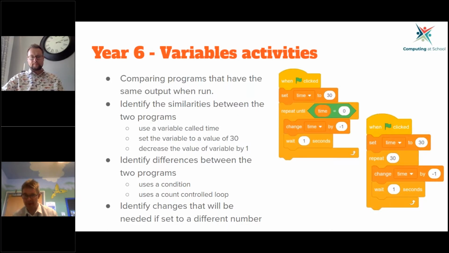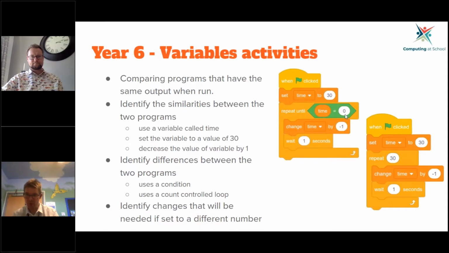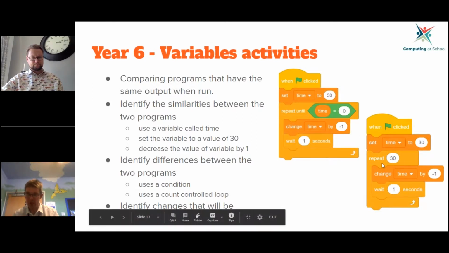And then they go off and think about that, realizing that if you use this one, for example, changing the number, it'll just keep repeating until it's 0, whereas if you change the initial value here, you have to change the repeats, the number of times that it counts through the loop, so it coincides. So just different ways of getting them to explore.